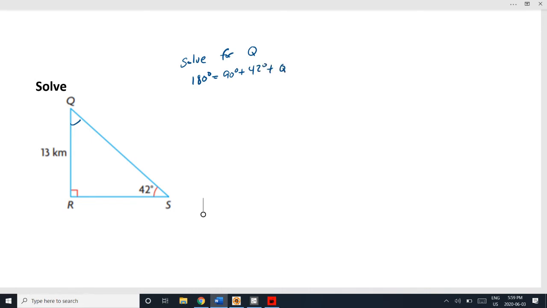So 90 plus 42 is 132 degrees, plus Q, is equal to 180, and we move this over to the other side. 180 minus 132 is equal to Q. 180 minus 132 is 48. So Q is equal to 48 degrees. We know this angle is 48 degrees.